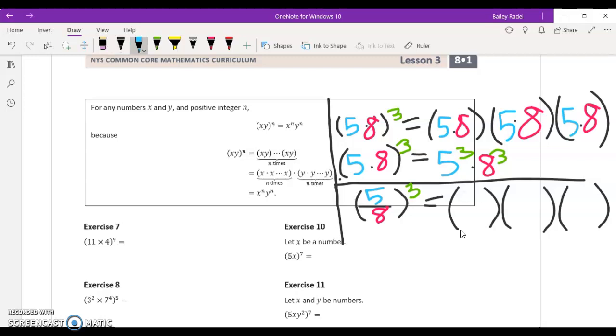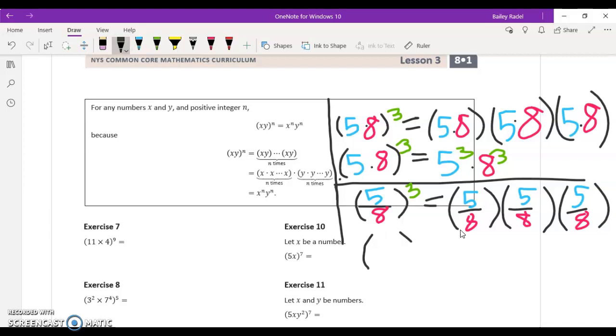So we're going to put this here, 5, 5, 5, and then we're going to put the 8s on the bottom. And now we can just multiply our numerator, our top, with our denominator.